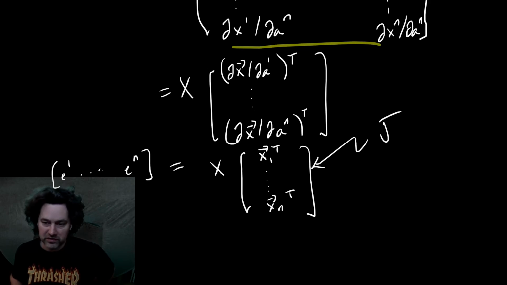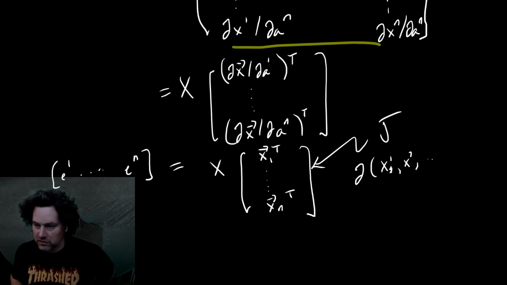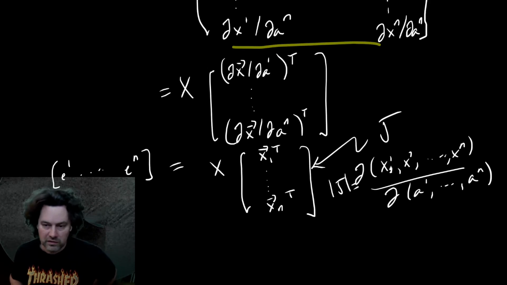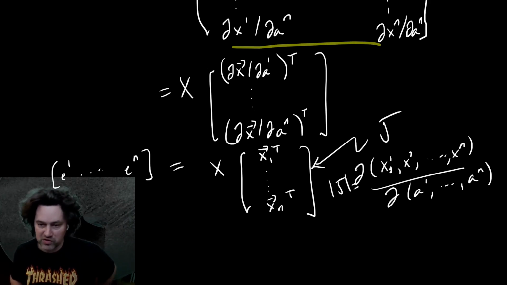And you see the determinant of the Jacobian matrix written as dx1, dx2, dxn. So when you take the determinant, the transpose doesn't matter.